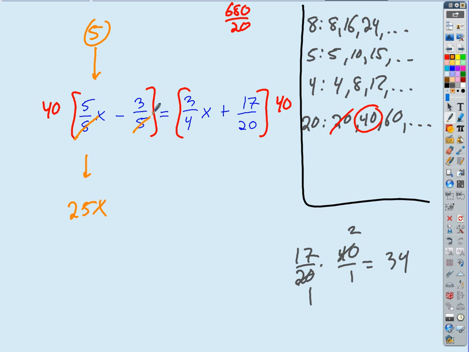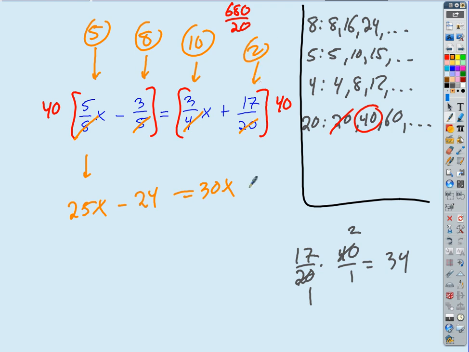So cross out the denominator and multiply 8 by the numerator. Aha. 40 over 4 is 10 times the numerator, 30x, right? 40 over 20 times 17, 34. Now it's easy.